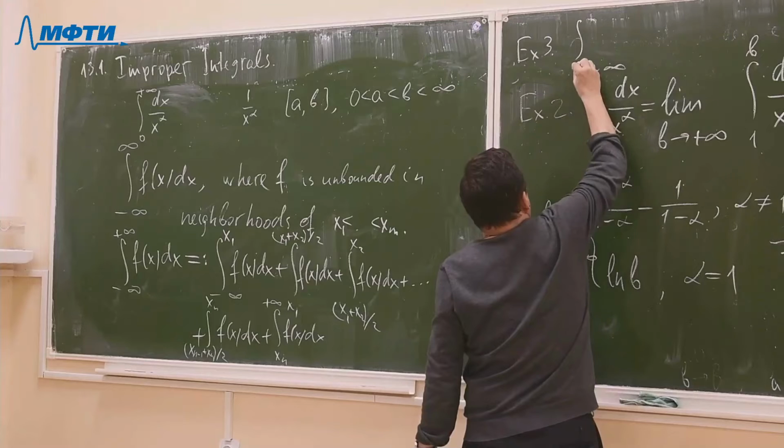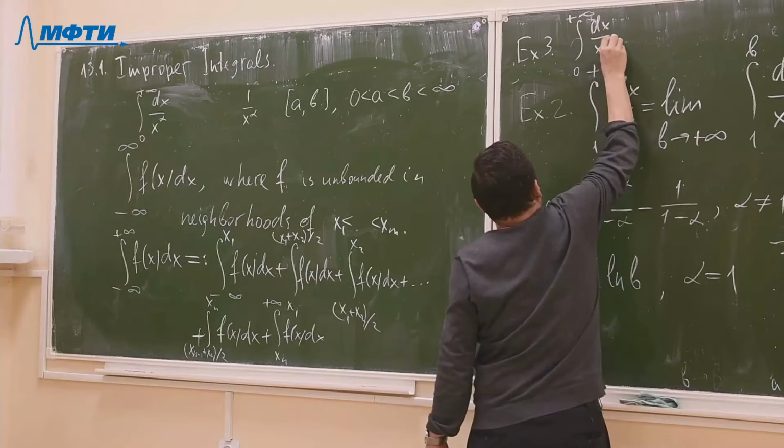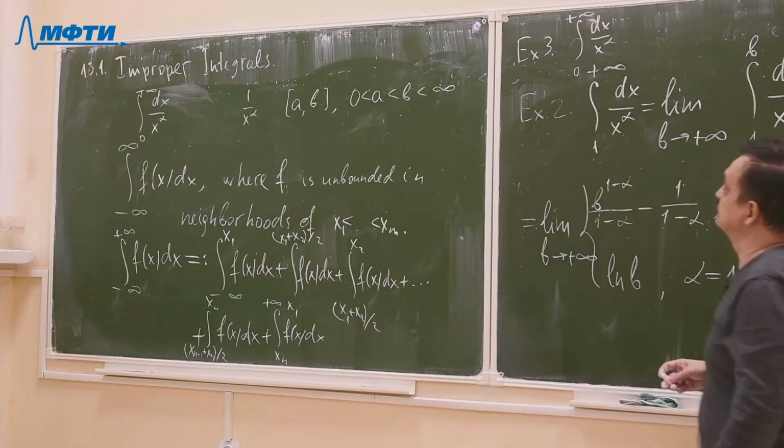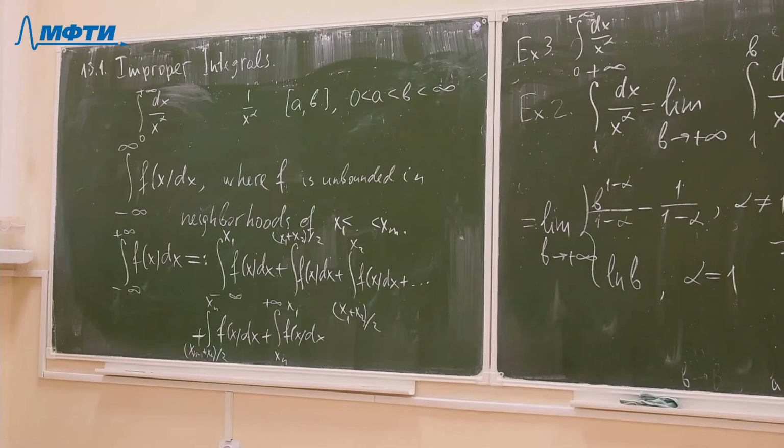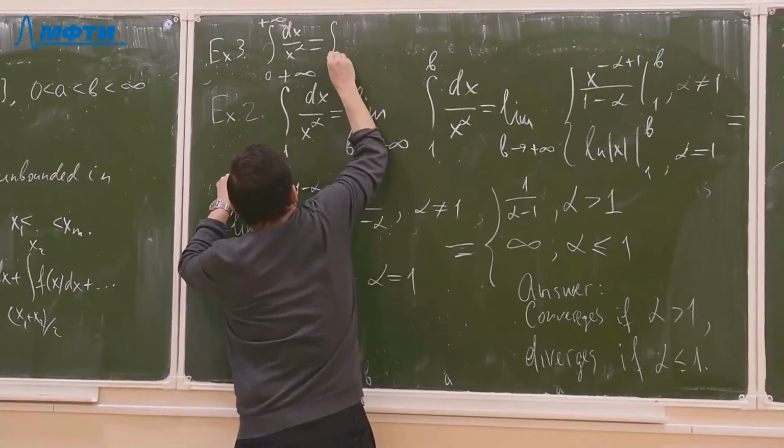What about the integral from 0 to infinity of dx over x power alpha? According to this general definition, we have two problems, 0 and infinity, right? So we need to split it into two integrals.